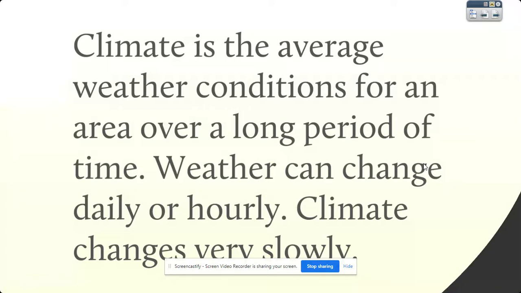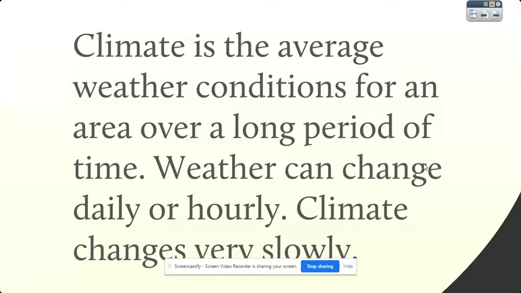So climate is the average weather conditions for an area over a long period of time. Weather can change daily or hourly, but climate changes very slowly. So if someone asked us what our climate is in the mountains of North Carolina, we would go into how we have different seasons. In the summer, it's warm.